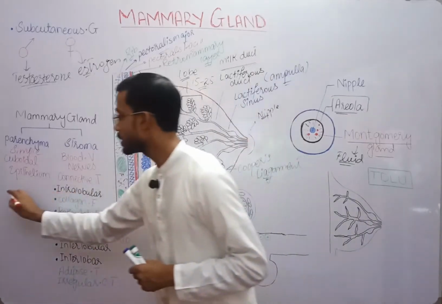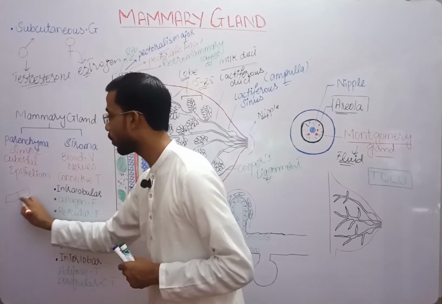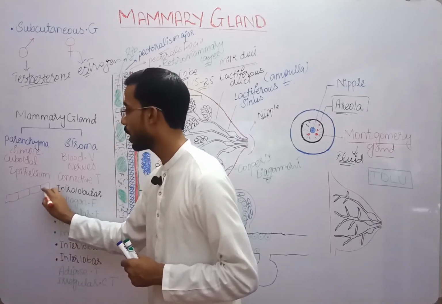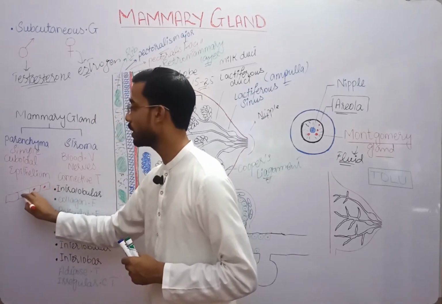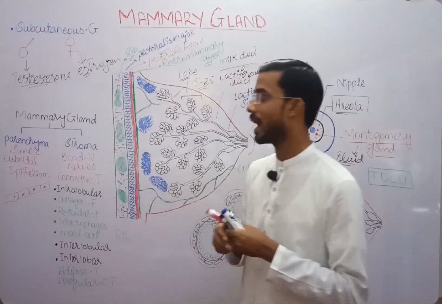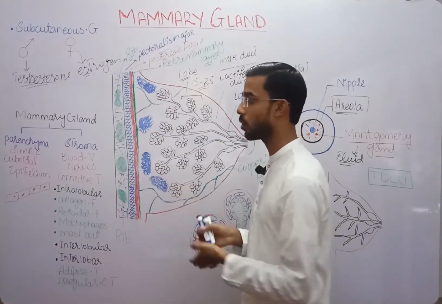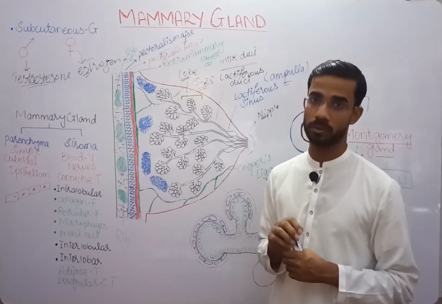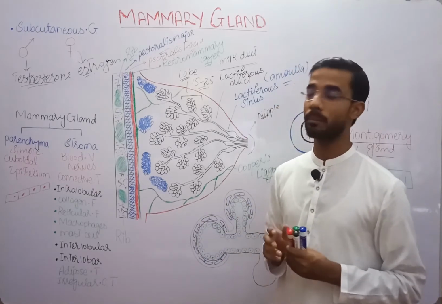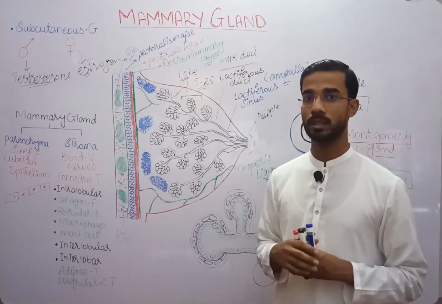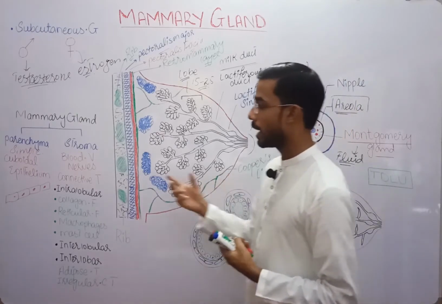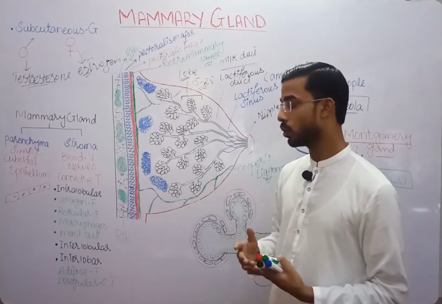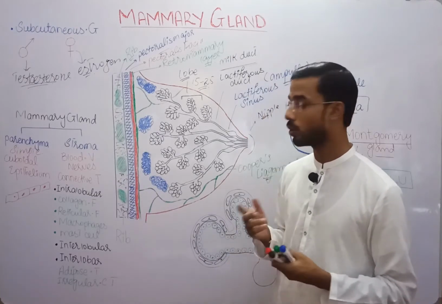It means a single layer of cuboidal cells is present in the duct of the mammary gland. The second one is the stroma, which contains blood vessels, nerves, and several connective tissues. Basically, three main connective tissues are present in the breast: intralobular, interlobular, and interlobar connective tissues.